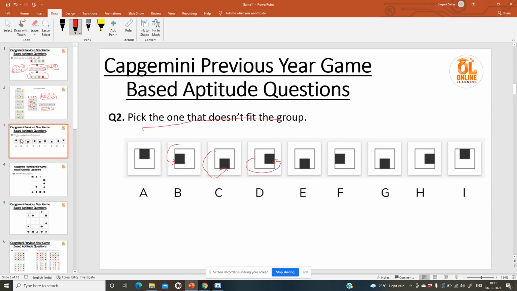So they are moving anti-clockwise. By this way, it should have moved to here, but it is present here, that is, it moved clockwise. So it is the odd one. The answer will be E. Hope you have understood. Now we are moving to the next type of question.